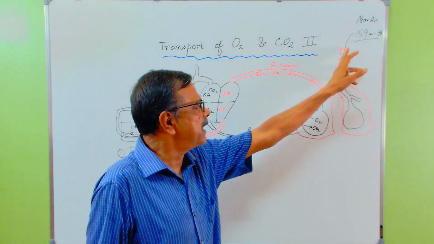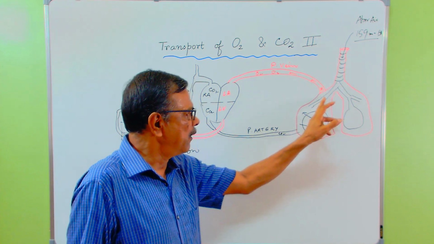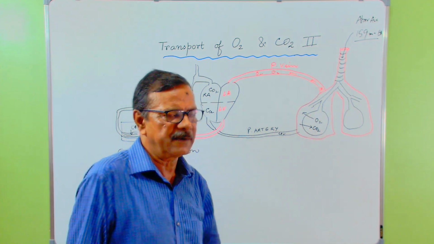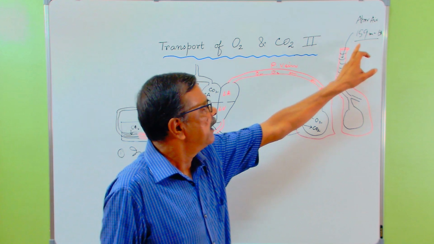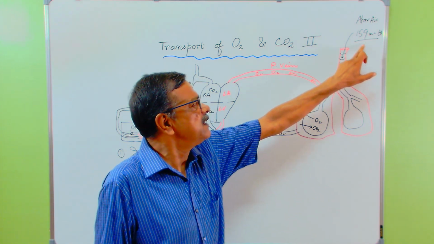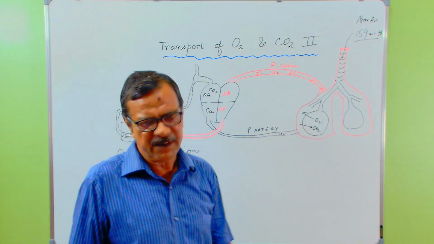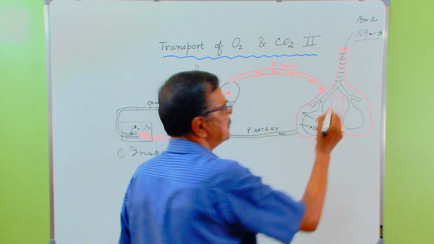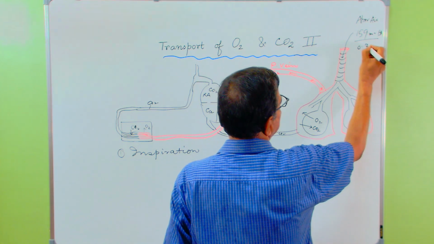Through our nose, it travels through trachea, bronchus, bronchioles, and so on. And here, the atmospheric partial pressure of oxygen is 159, while that of CO2 is 0.3.